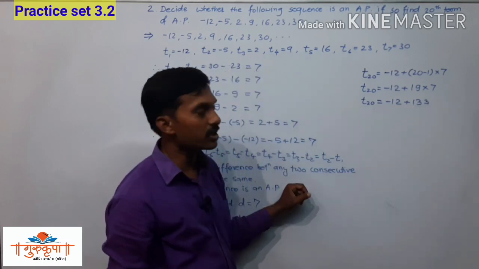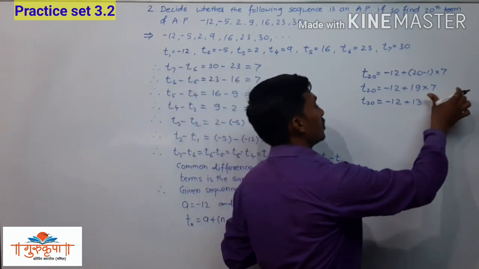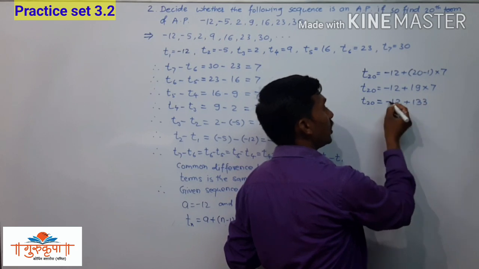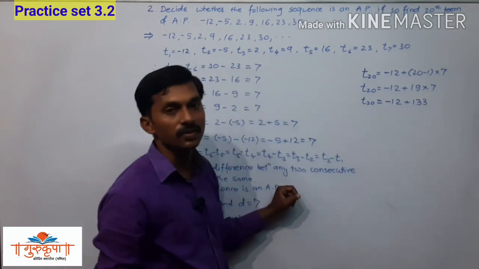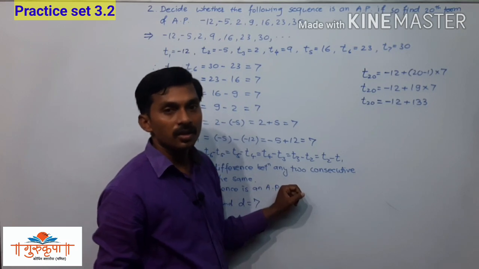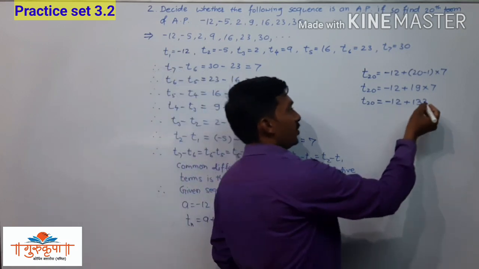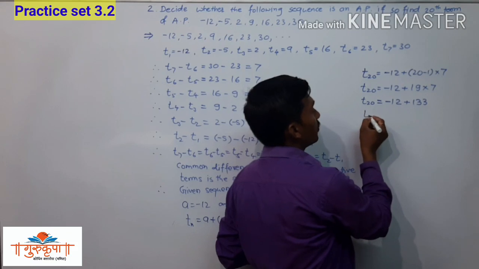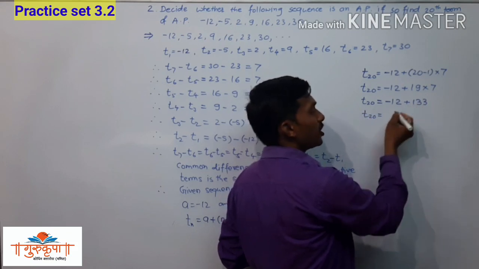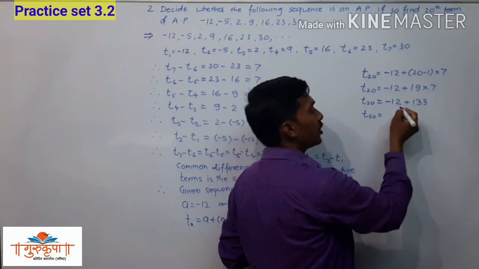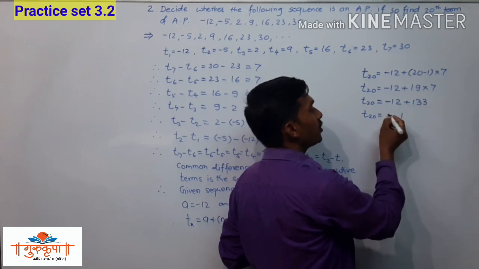So 19 sevens are 133. Now 133 minus 12. One number is negative and another is positive, so we have to take the subtraction. Since the bigger number is positive, the answer should be positive. Now 3 minus 2 is 1 and 13 minus 1 is 12.